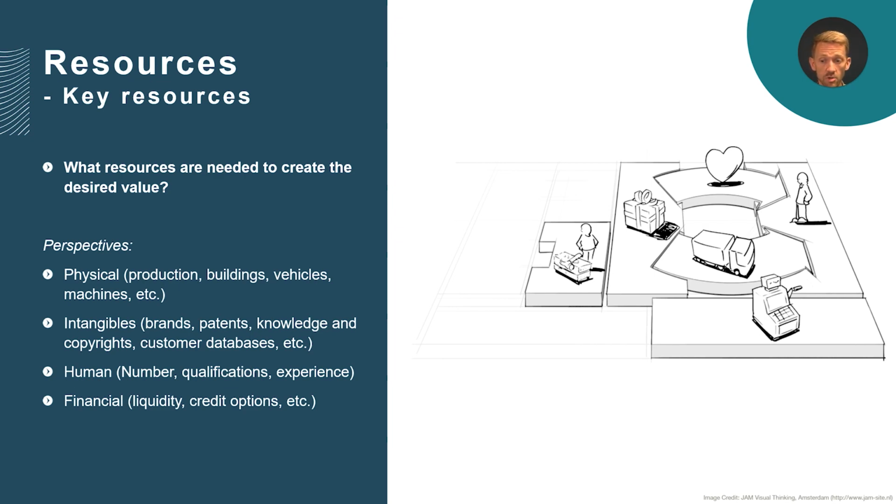The perspectives here could be physical resources: production, buildings, vehicles, machines, and so on. We can also have intangibles like brands, patents, knowledge and copyrights, customer databases, and so on. We could have human resources. So this could be that we need a certain number of employees, that we need certain qualifications or experience. And this could be very different from company to company.